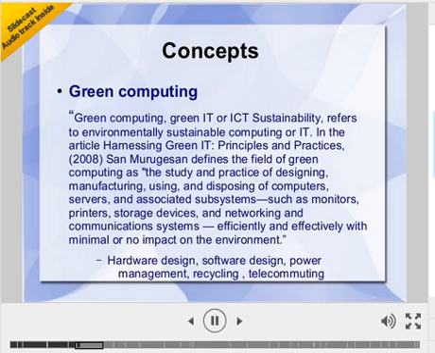What he says is that it's the study and practice of designing, manufacturing, using, and disposing of computers, servers, and associated subsystems such as monitors, printers, storage devices, and networking communication systems effectively and efficiently with minimal or no impact on the environment. So we're now coming into this other idea that ICT in the environment is not only how we use ICT to benefit our environmental conservation, but also how our use of ICT does not damage the environment. And we'll look at e-waste and things like that a little bit later.